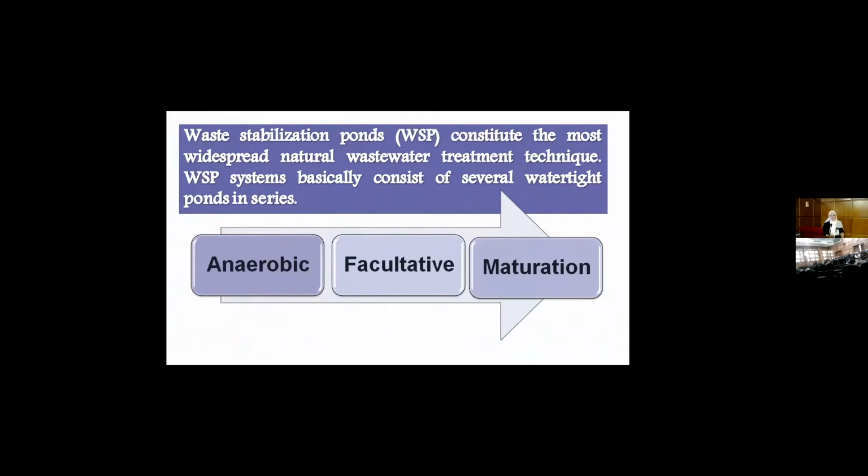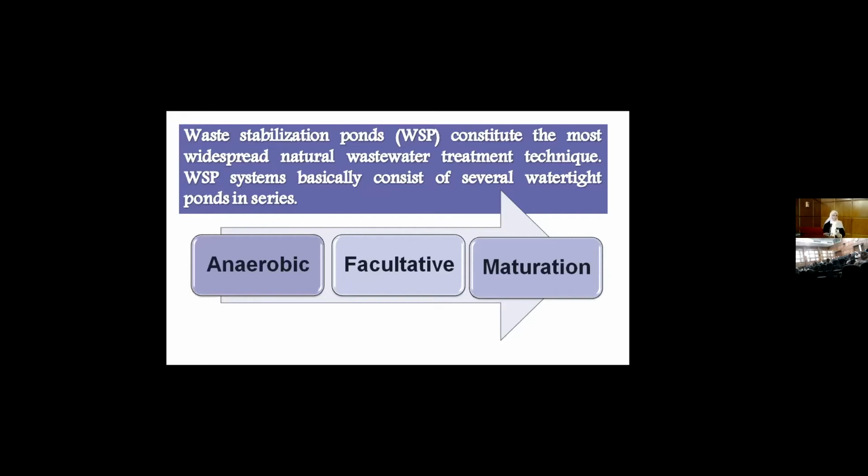The stabilization pond steps are the anaerobic treatment, which focuses on the anaerobic digestion by the microorganisms, then followed by the facultative pond with a depth of about 3 meters. The anaerobic pond has a depth of about 4 to 5 meters.